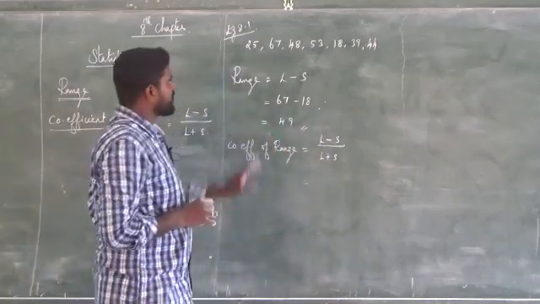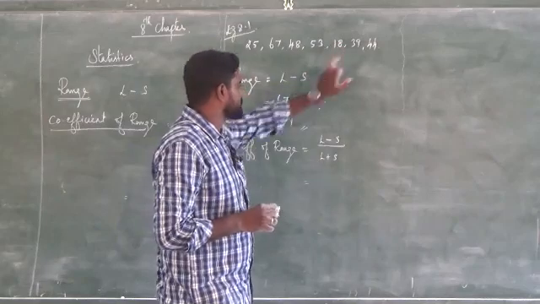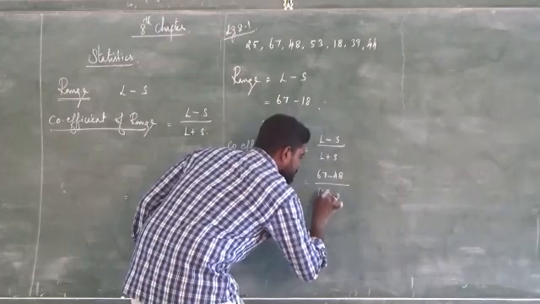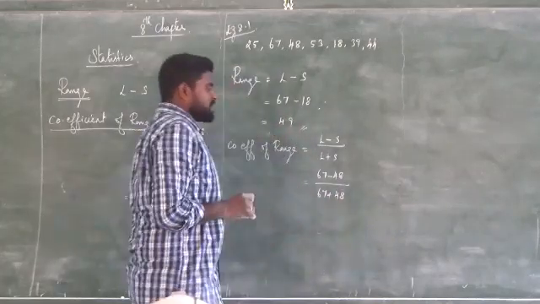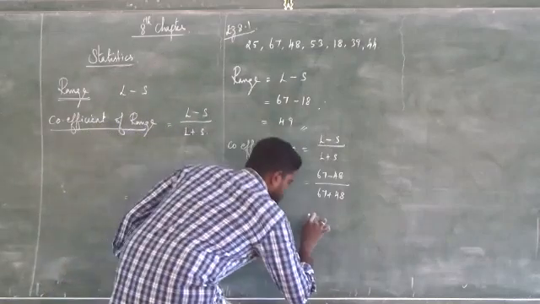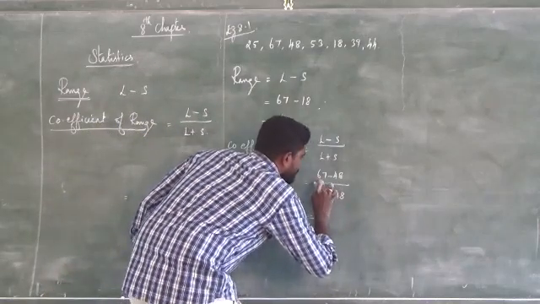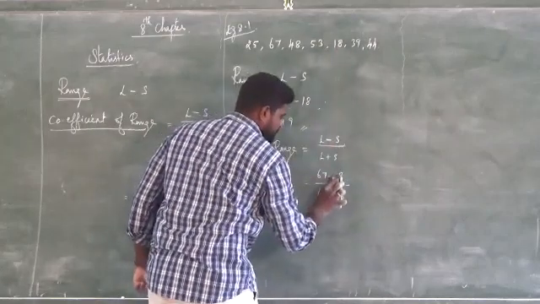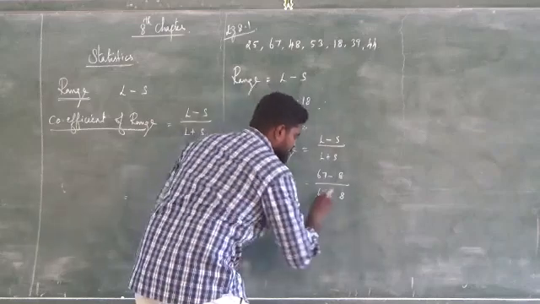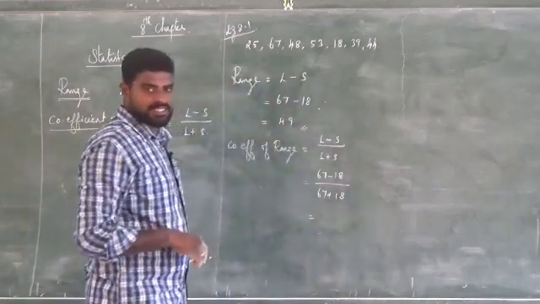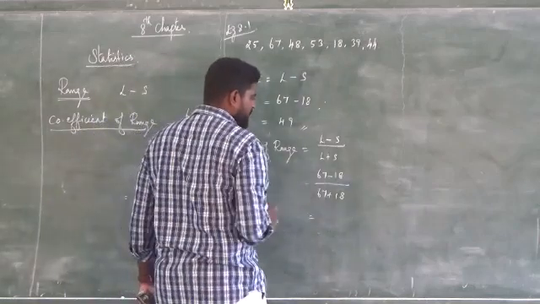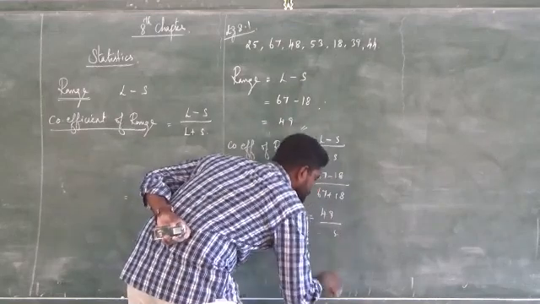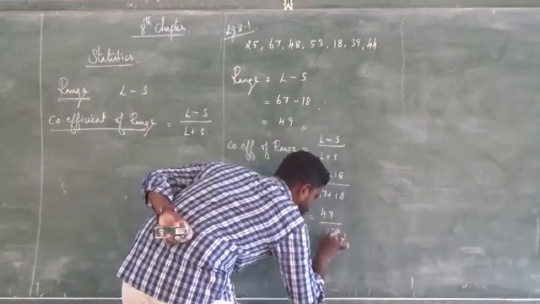Already we know the largest value and the smallest value. L minus S by L plus S is 67 minus 18 by 67 plus 18. Sorry, it is 18, not 48. 67 minus 18 is 49, and 67 plus 18 is 85.